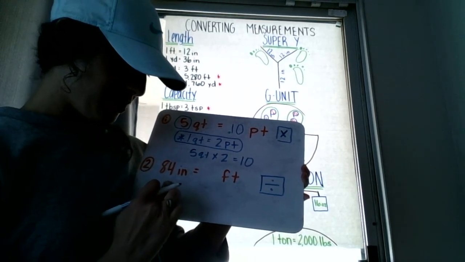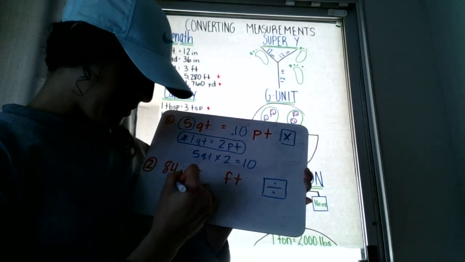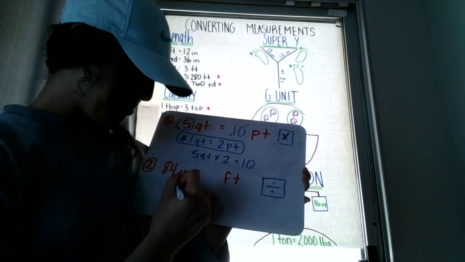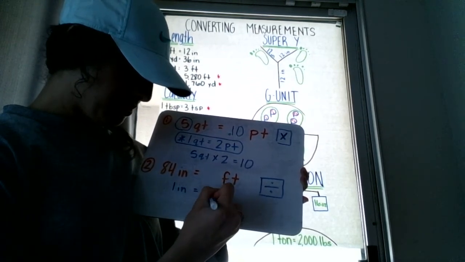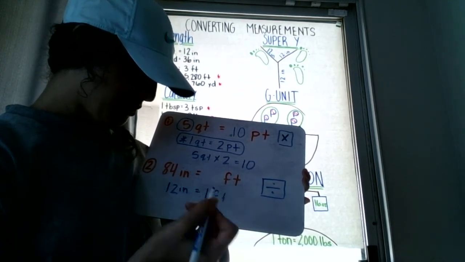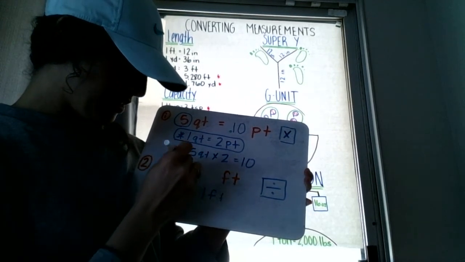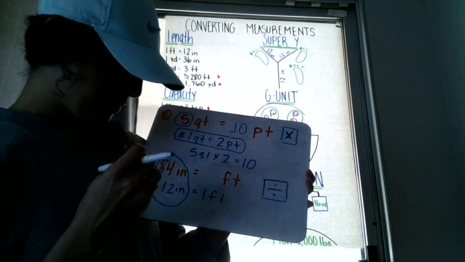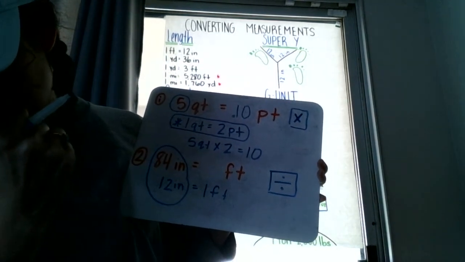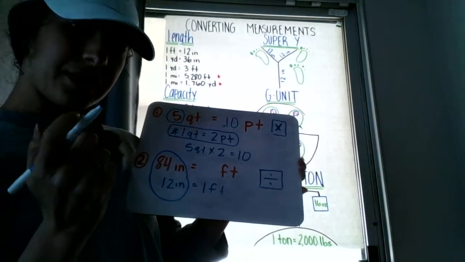So now we're going to go this way. Okay. I know 1 inch equals nothing, but I know 1 foot will give me 12 inches. So what do you think I'm going to do with these two numbers? Think. I'm going to divide them.